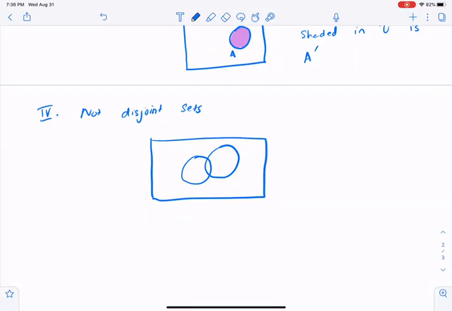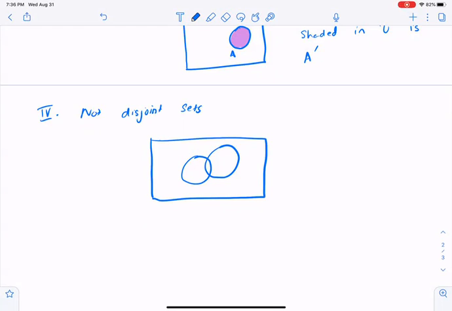Oftentimes, people ask me, well, should I draw circles? Should I draw them properly in the center of the square? None of that matters. People pick circles because they look nice.